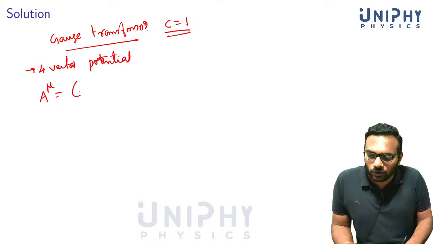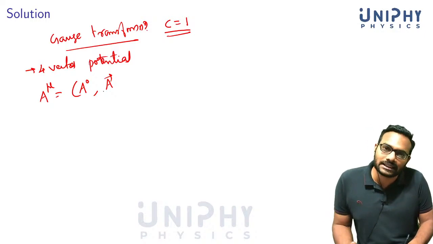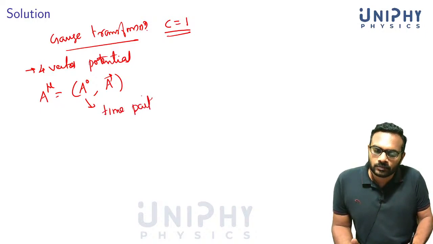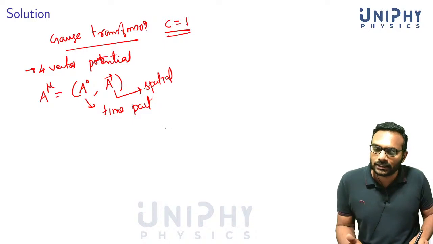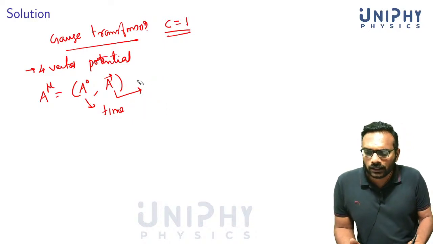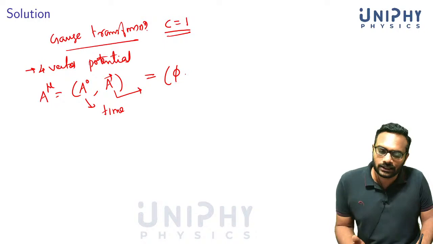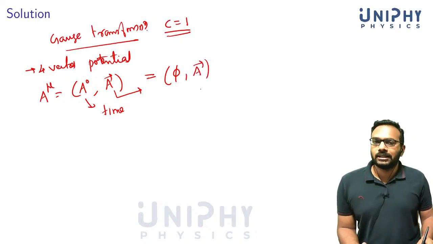A0 is known as the time component, or temporal part, and the rest is known as the space component, or spatial part. If you take c equal to 1, this is very simple. The time component is just the usual scalar potential, and the other one is the vector potential. This is fine.